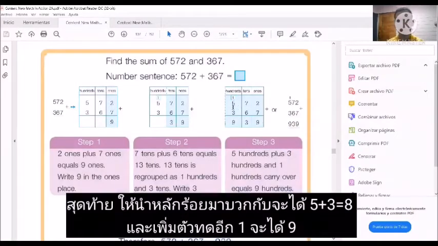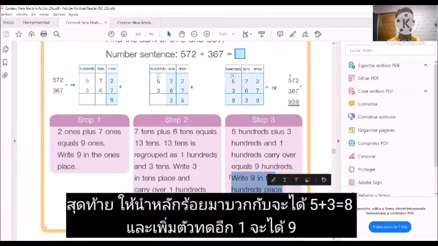This is 5 plus 3 plus 1 that we did the regrouping before. 5 plus 3, 8. 8 plus 1, 9. So we write the number 9 in the hundreds place.